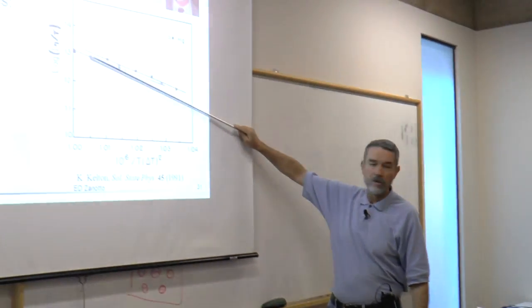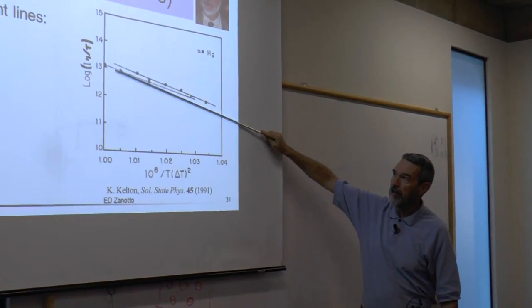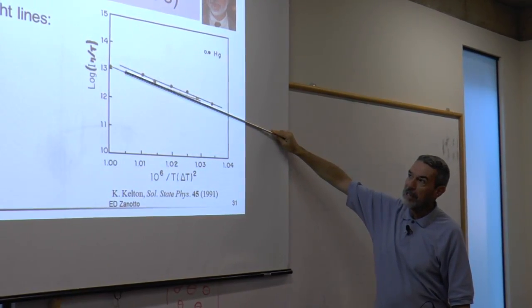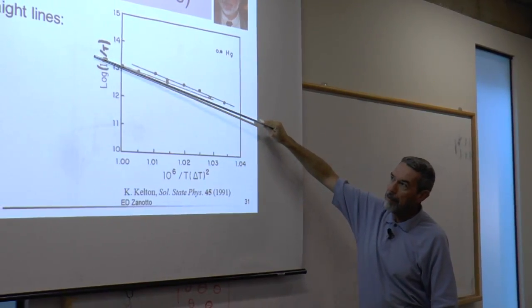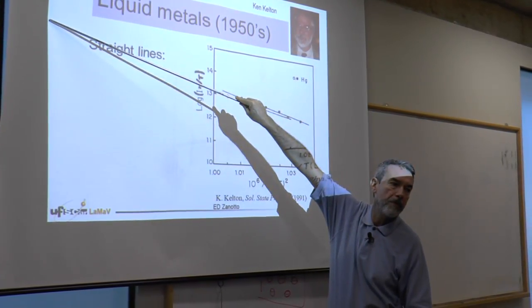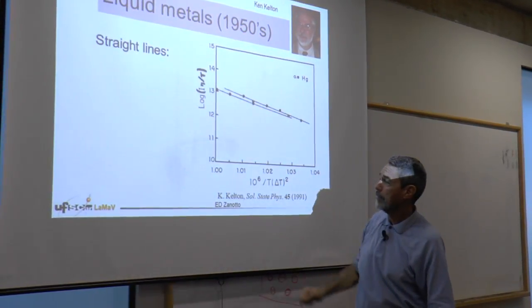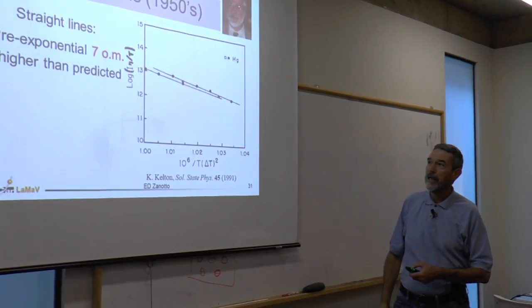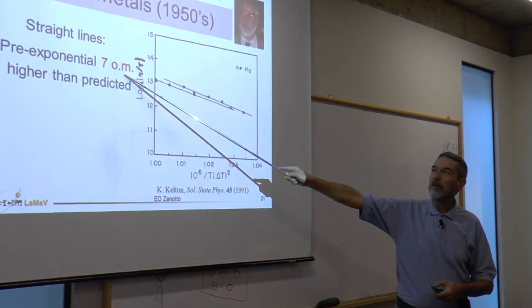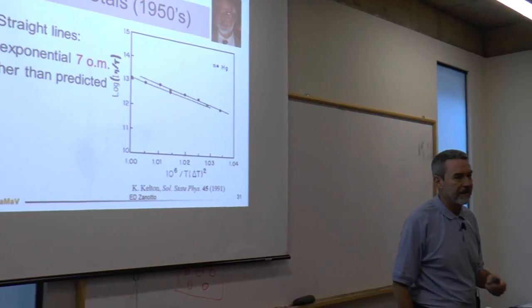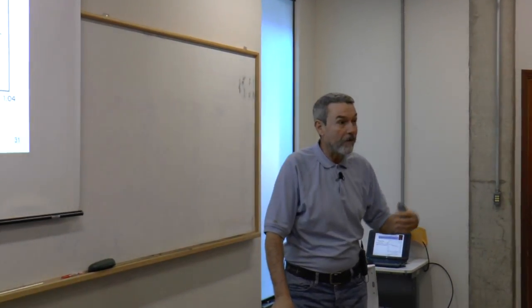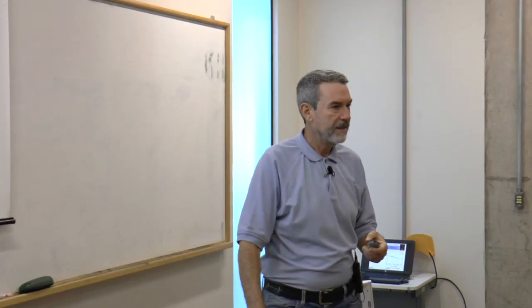So here, there's some error, there are scatters, but they're very, very similar. And then straight lines. And then, if they're straight lines, they can be extrapolated to get the value of the pre-exponential constant. If you do that, and they did, the pre-exponential is 7 orders of magnitude higher than predicted by theory. Not 7 times, it's 10 to the power 7, much higher than predicted by theory.